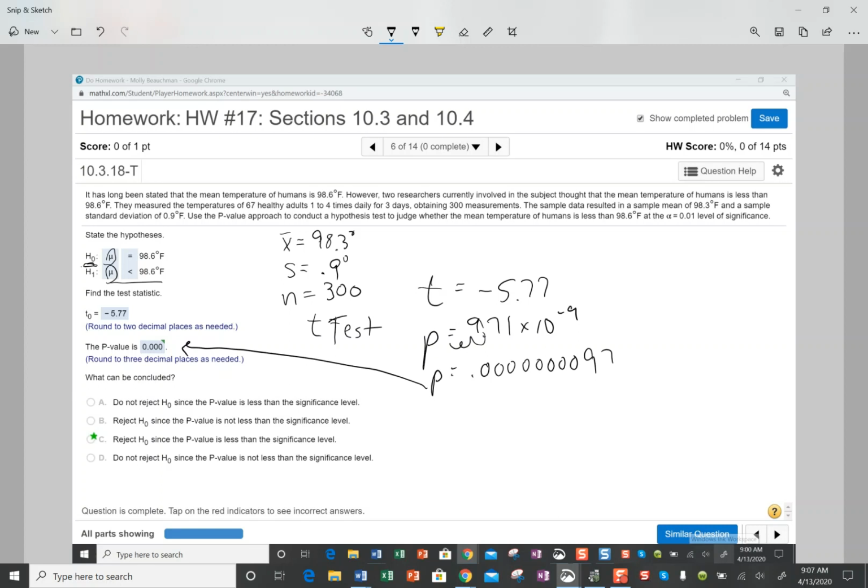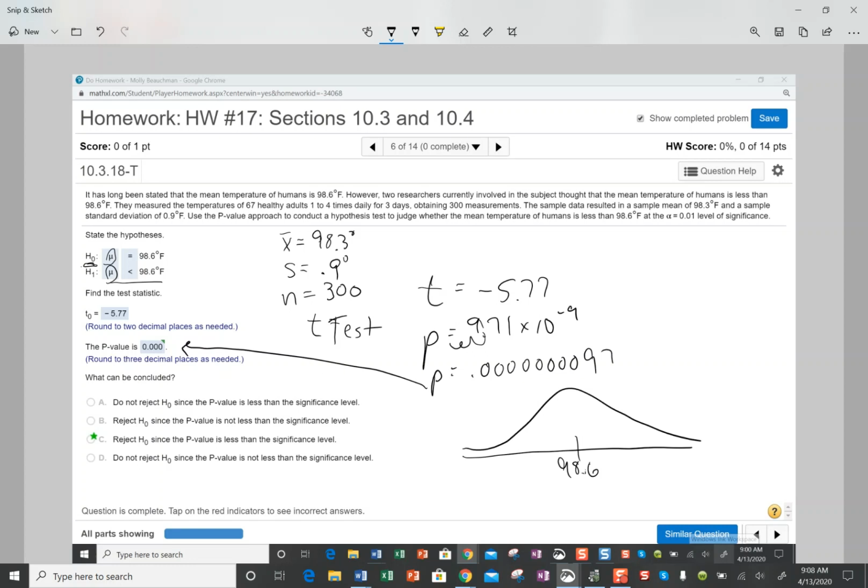Okay? So how the reasoning works and what this information tells you is, if I draw a picture of the situation, the mean of the distribution is our null hypothesis, 98.6. What we got on our sample was 98.3.